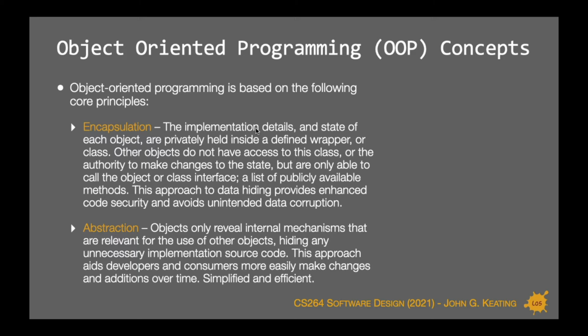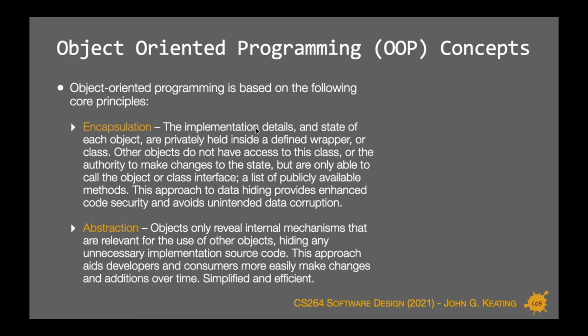And that's derived from the class. Other objects don't have access inside the class or the authority to make changes to the state of that. They're only able to create the object, call the object methods, and work with that. And we do that using a list of publicly available methods.